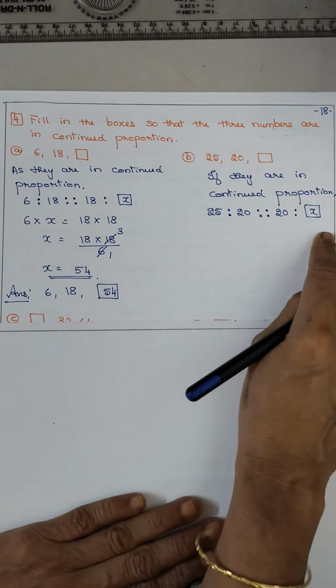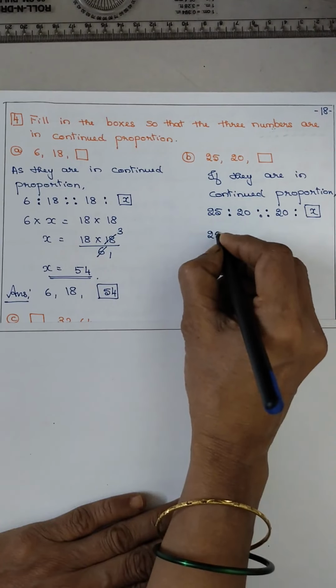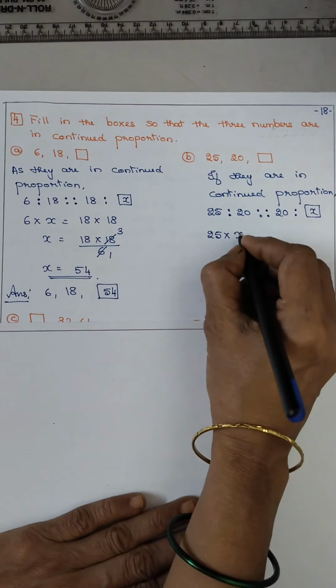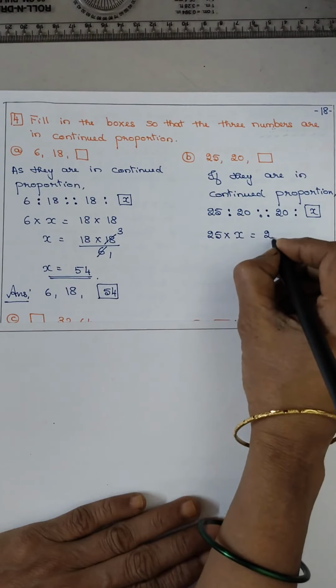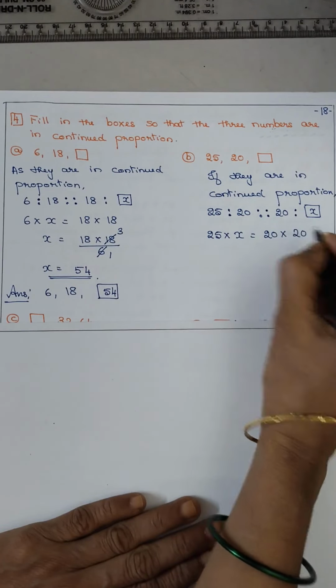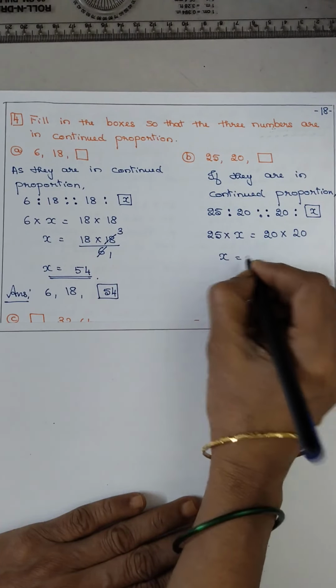Now in proportion, the product of extremes, that is first multiply by last, should be equal to the product of means, that is second and the third. So x is on the left side, keep it there.